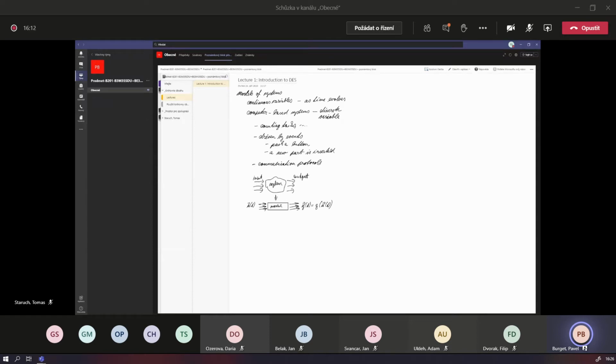This is clear, and the system can be represented with a model where there is an input vector dependent on time, an output vector dependent on time, and there is some transfer function relating the output to the input.